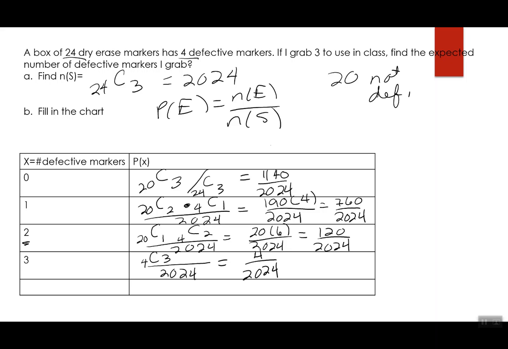Here's a nice quick little check for you to make sure we got everything. If you look at my 1140, my 760, 120, and then finally 4, if you put those all in your calculator, you're going to get 2024. So that says we've taken care of all the cases, right? We have everything that we want.